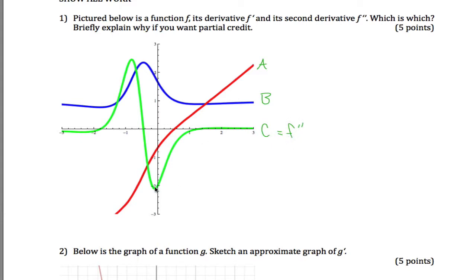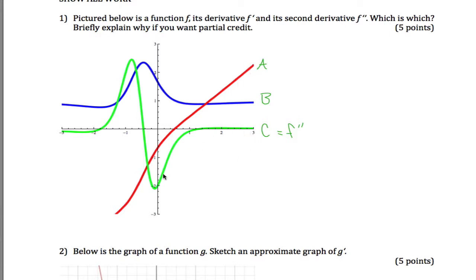Okay, so if this is the second derivative, that means this is the derivative of one of these two curves. The question is, which of these curves has this weird thing as its derivative? Well, we can rule out A pretty quickly, because A is always increasing. It's going up the entire time. The speed at which it's going up changes a tiny bit, but it's pretty much going up the entire time. So its derivative would have to be positive the whole time.